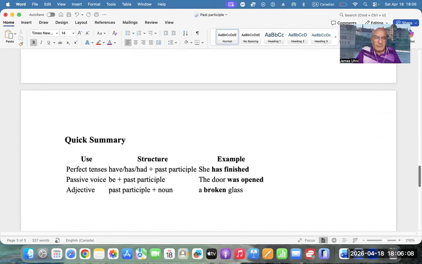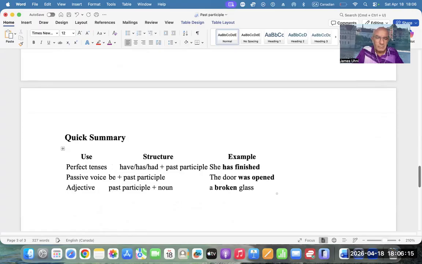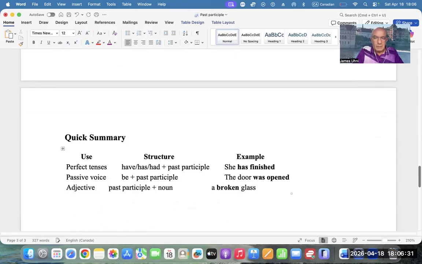So if I will check a quick summary, so perfect tense, and I hope this will work. And here is an example. So it's not so dense, and you can really easily recognize the differences. This is everything about past participle.